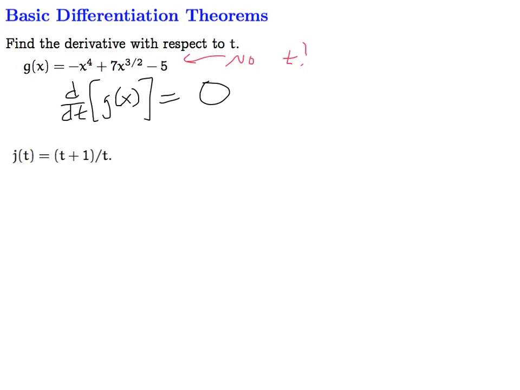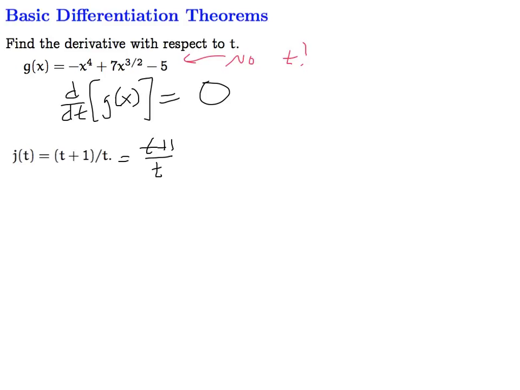Okay, one more example, to actually make an example where you have to do something. So here we have the function j of t is equal to t plus 1 all over t. We can also write this as t plus 1 over t. And we want to recognize that none of the theorems we've looked at so far in this section apply. We're not taking a sum of two functions. We're not multiplying by a constant. What we're doing is dividing these two functions.